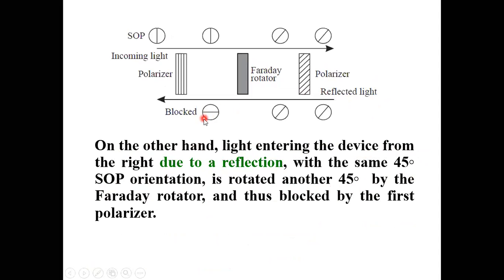So the total phase shift becomes 90 degrees and is thus blocked by the first polarizer. See, such a simple arrangement they have done. They have just used two polarizers and one Faraday rotator. So this whole thing is present inside an isolator.